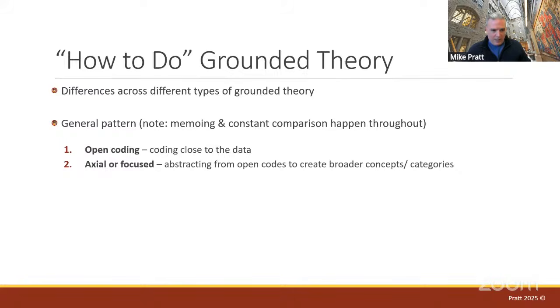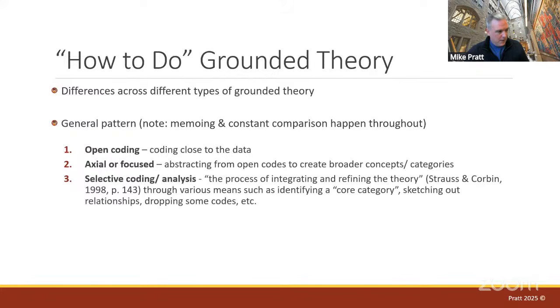That's round 1. I'm going to go back and recode my data, looking for abstracting out from them. How do certain codes go together? How do they group together under a more abstract theoretical category? And then how those different categories fit together is selective coding.